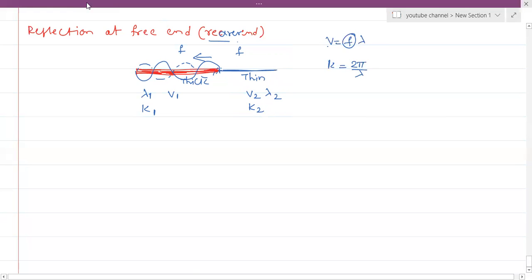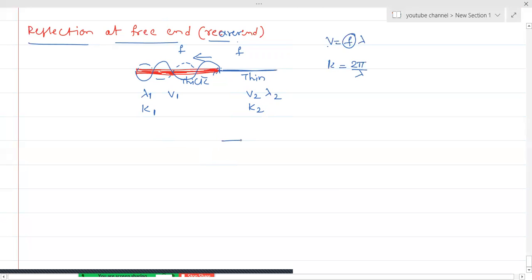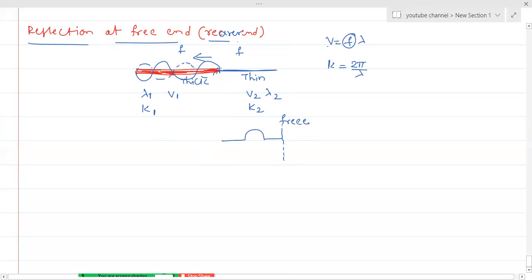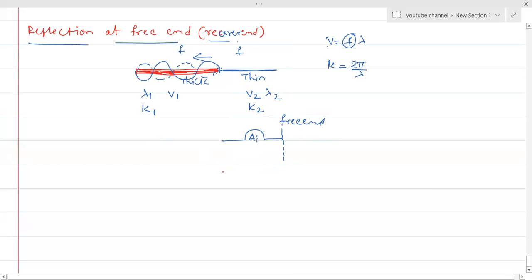Now we will focus on reflection at free end. At free end, what happens? Suppose I am taking a wave which is reflecting at the free end. Suppose this is the free end. This one I am taking as the incident amplitude. Then I am going to draw the reflected amplitude. This will be the reflected amplitude.